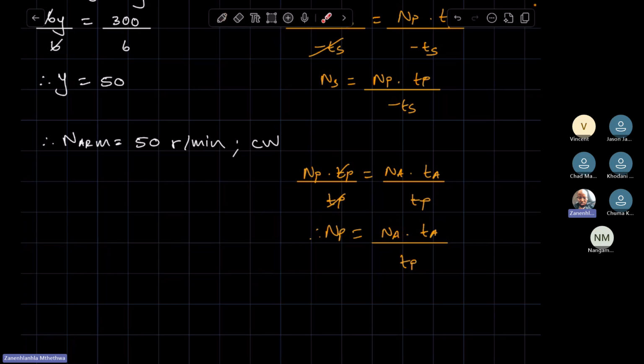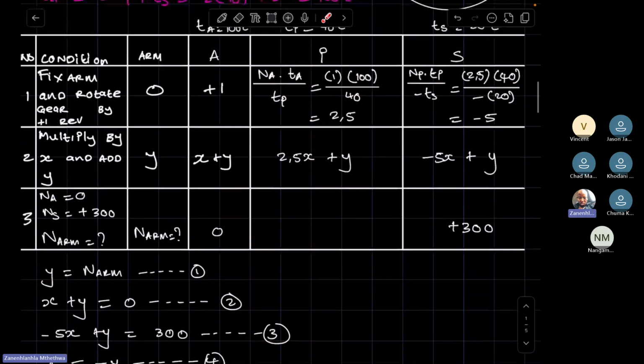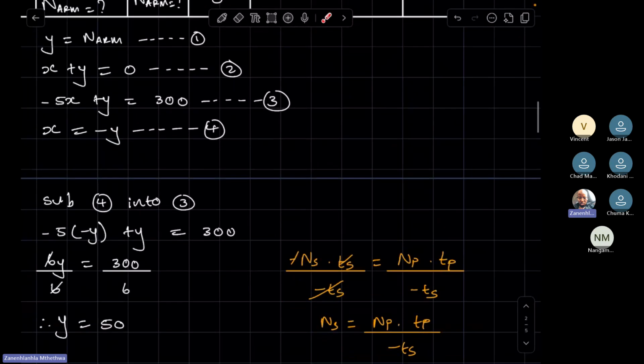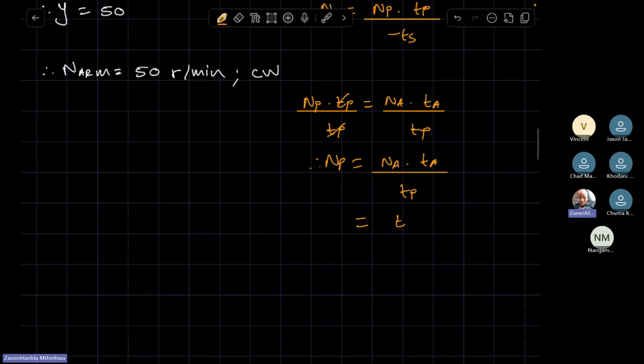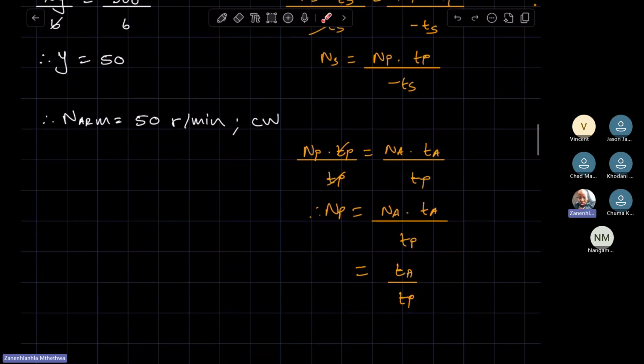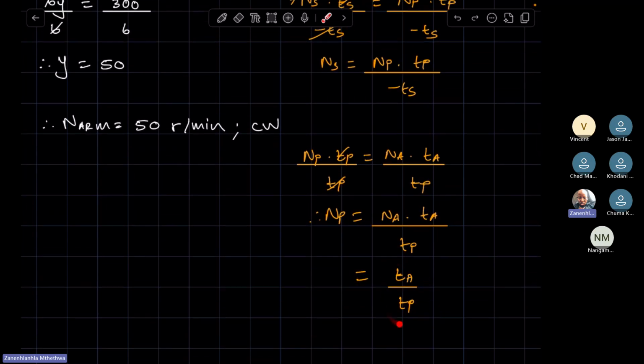And then NA is equal to 1, so you can express this simply as TA divided by TP. So NP is essentially equal to TA divided by TP. You can take this and put it in place of NP.